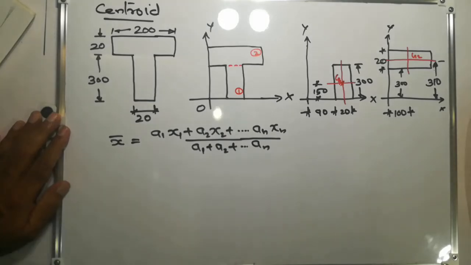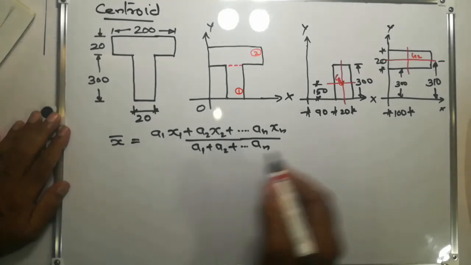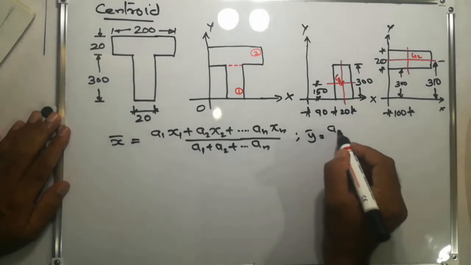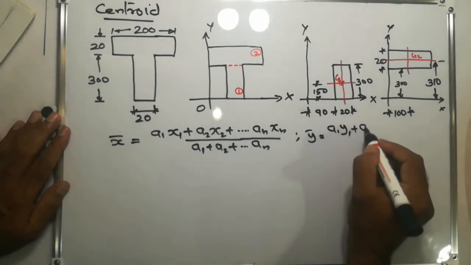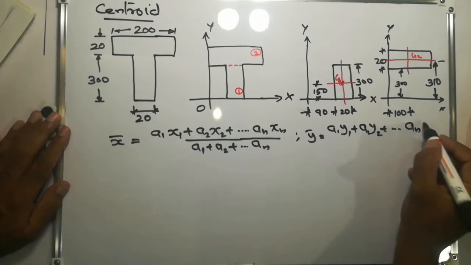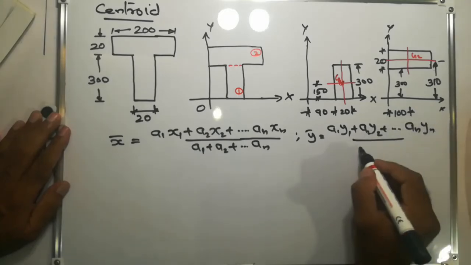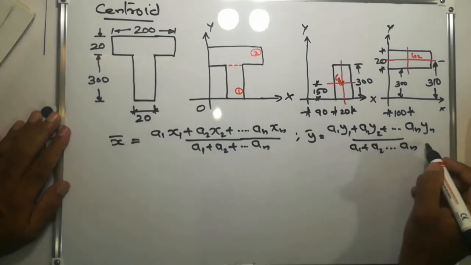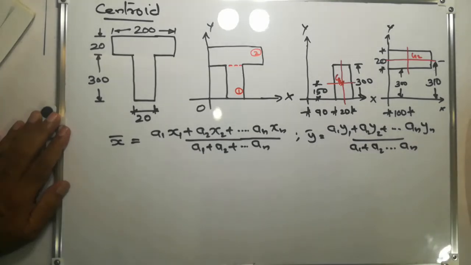That is the equation. Similarly, y bar equal to a1 y1 plus a2 y2 plus etc. plus an yn divided by a1 plus a2 plus etc. plus an. These are the equations for x bar and y bar.